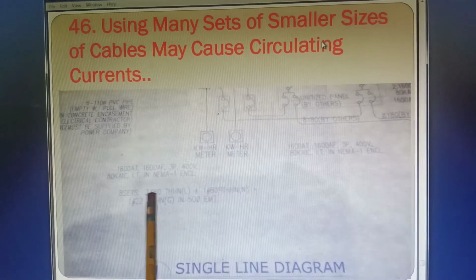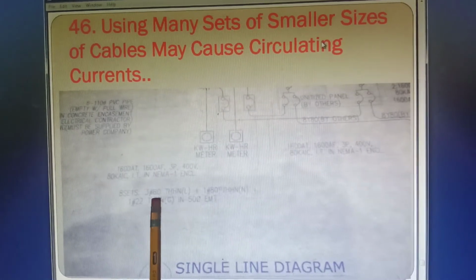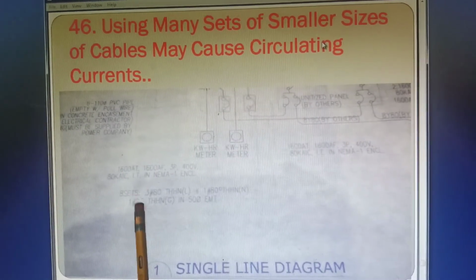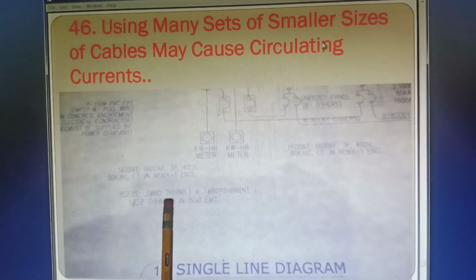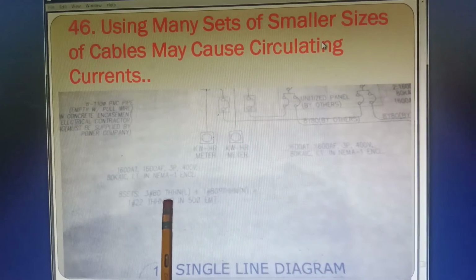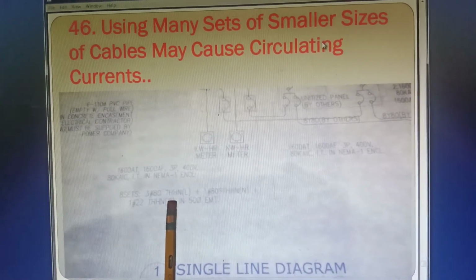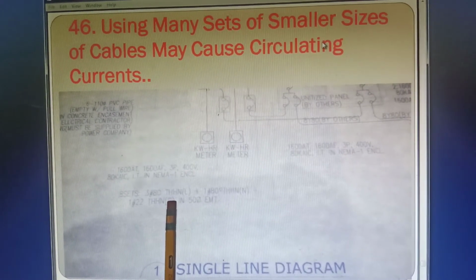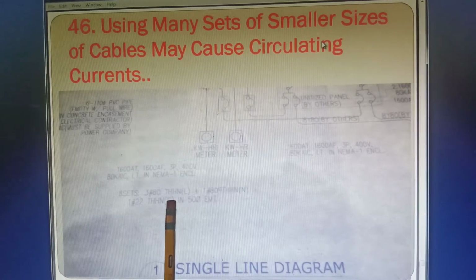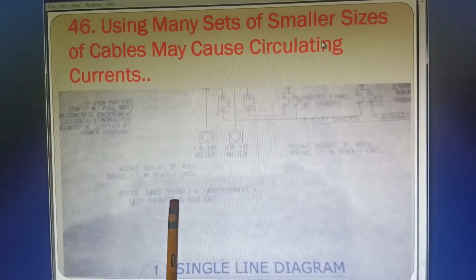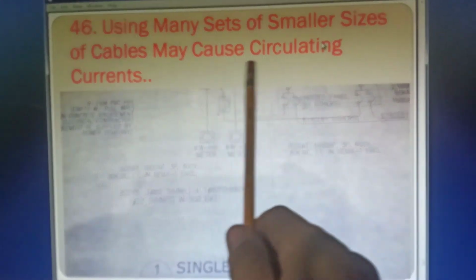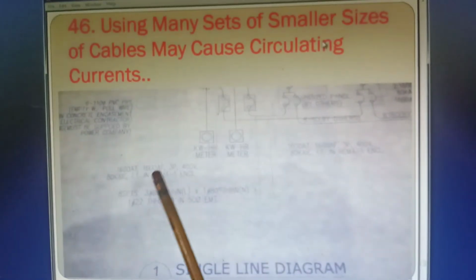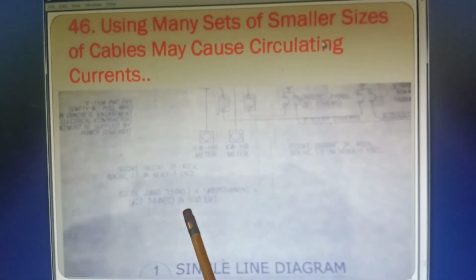Now using 8 sets of 80 mm is not a good option, because since the 80 mm wire is not so thick, there is a possibility that when cutting the wires, they might not be of the same lengths, and if they are not of the same lengths, then circulating currents between the wires may happen.